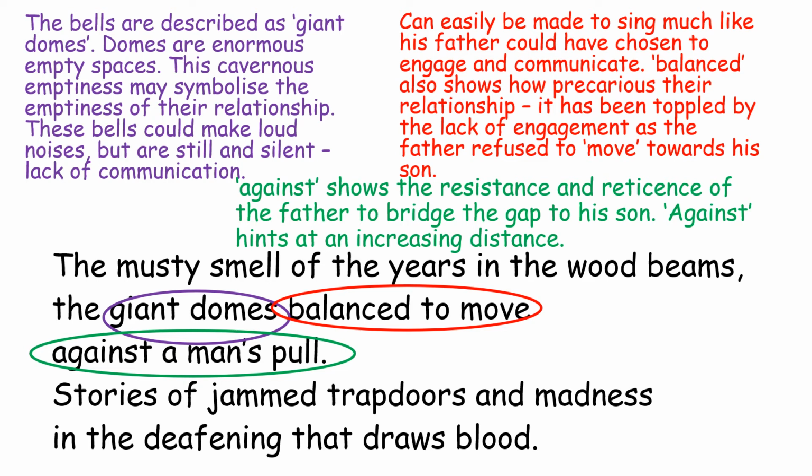Perhaps the son feels like he is pulling the rope and the father is not responding, just like somebody pulling a bell and the bell does not sing. The word against, I think, is again hinting at an increasing distance, and that distance is seen all the way through Emyr Humphreys' poem.